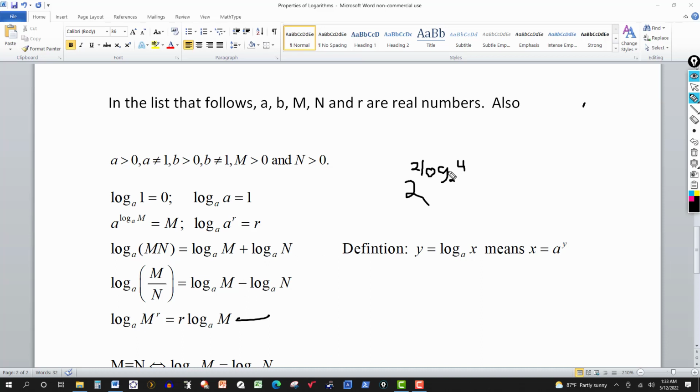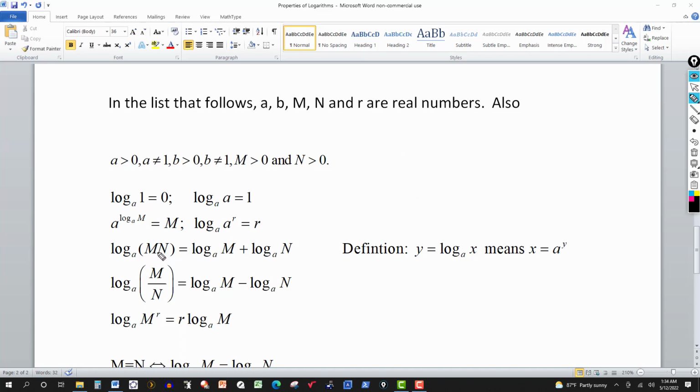What you could do is rewrite this using that property, as 2 log to base 2, and bring this 2 over here as an exponent. That makes it 4 squared, which is 16. Now it looks like that property, base 2 and base 2, and that then is equal to 16. So you have to be careful how it's written.